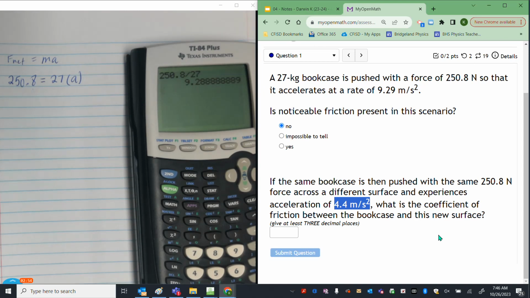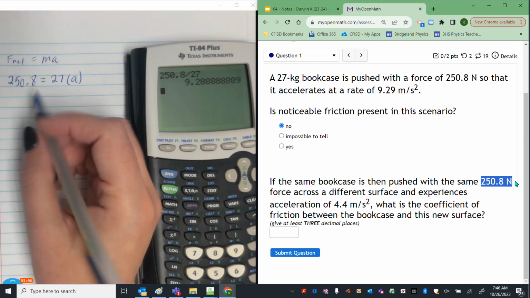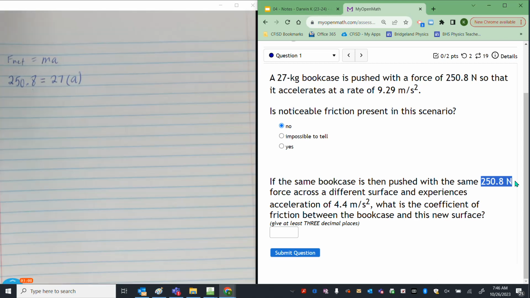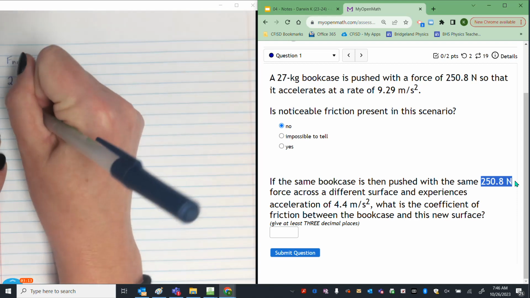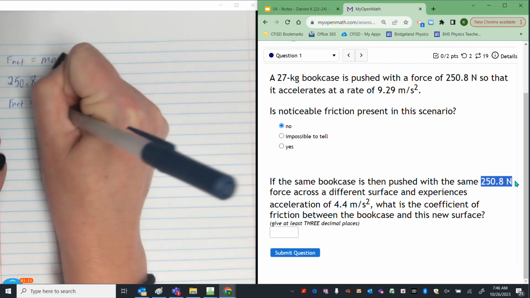If you're trying to figure that out, you would first need to figure out what the net force is, because you already know how much force is applied. It's right here. You're applying that amount of force. So let's figure out the net force so we can figure out the force of friction. Again, net force is mass times acceleration. It's the same bookcase, so it has the same mass. F net equals, my mass is still 27.